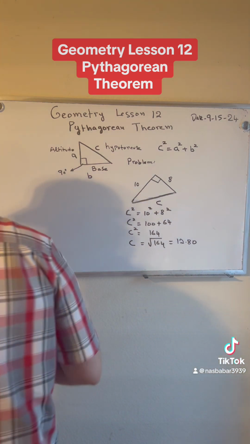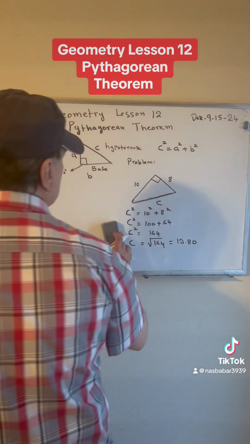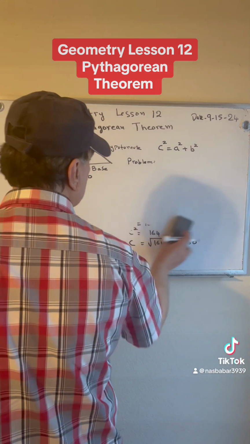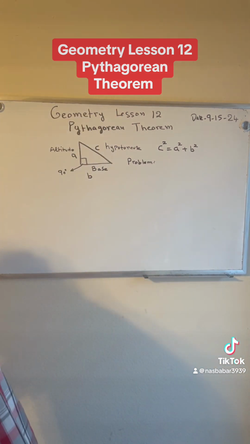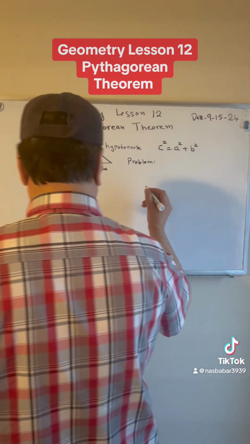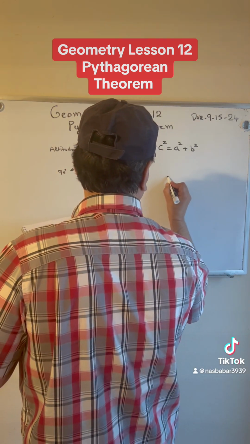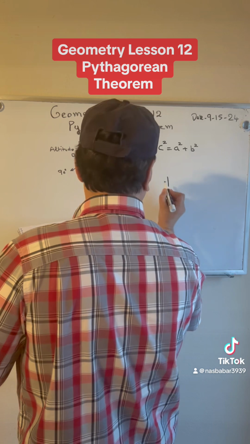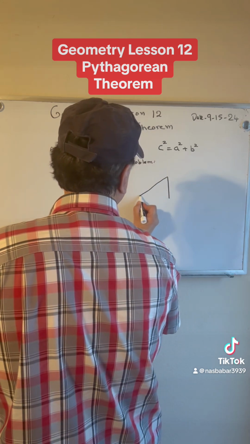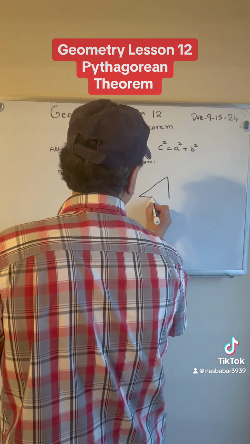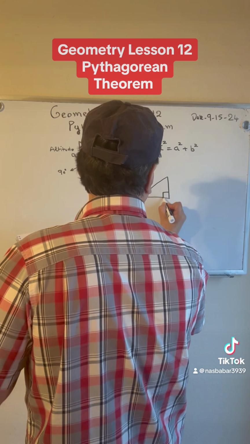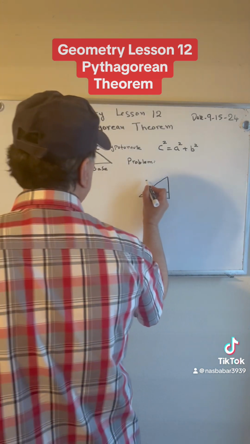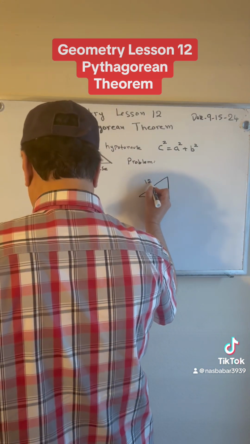Let's look at another problem real quick. I do draw the diagram. This right here is going to be a right angle triangle. This is 90 degrees. This side, the hypotenuse, is 12.